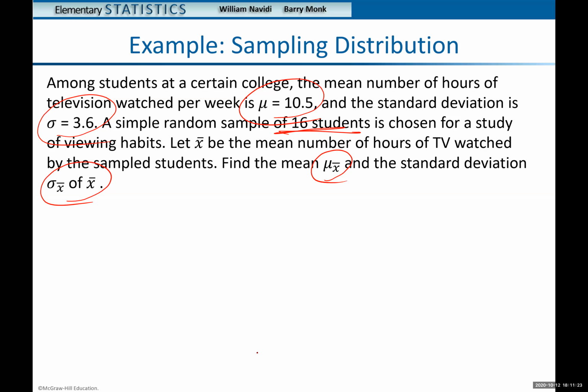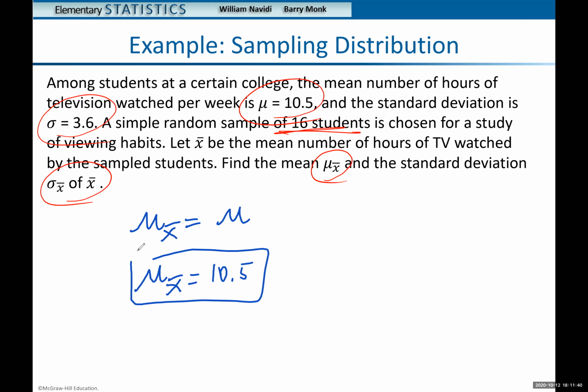So again, the formula: the mean of all the means is equal to the population mean, which is equal to 10.5. Then the standard deviation is equal to the standard deviation over the square root of n.